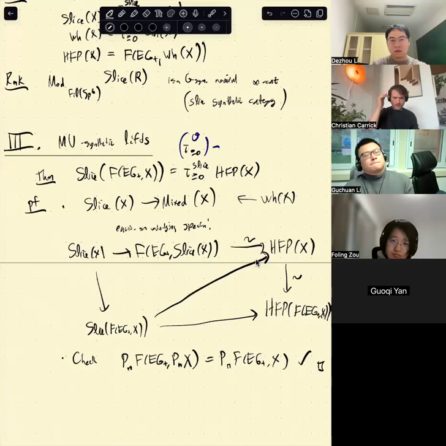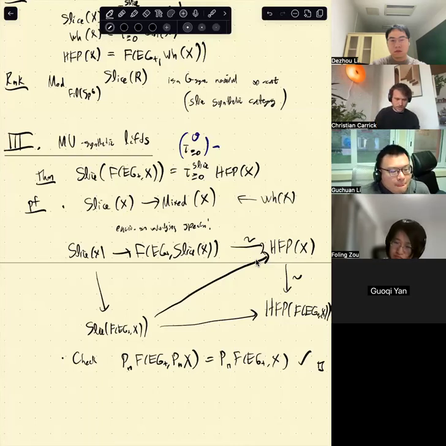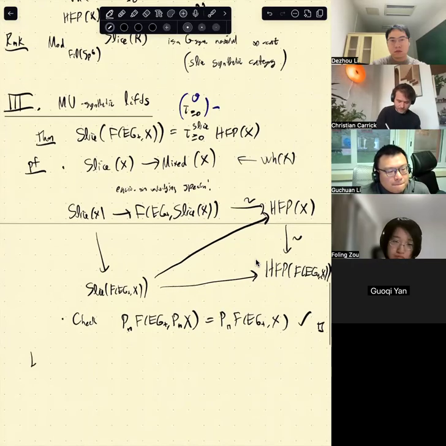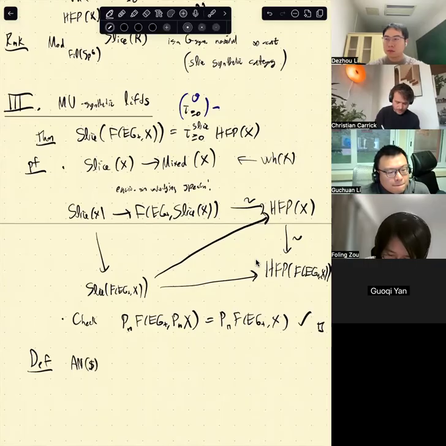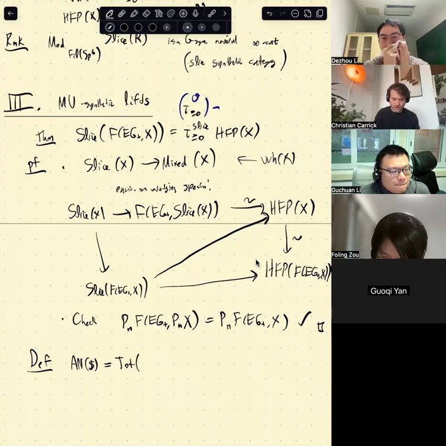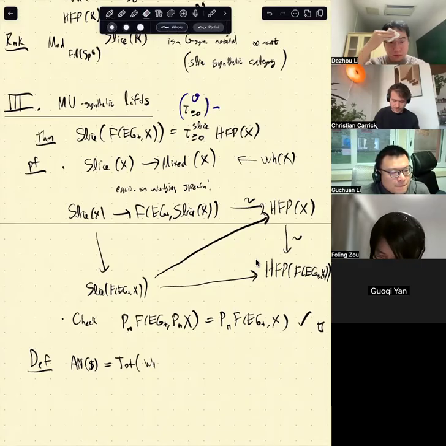Okay, now let me explain why this theorem is useful from my point of view. So let me bring in now the Adams-Novikov spectral sequence. One way of implementing the Adams-Novikov spectral sequence as a filtered thing is to do this décalage construction.